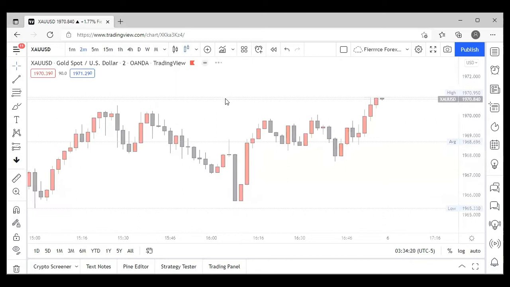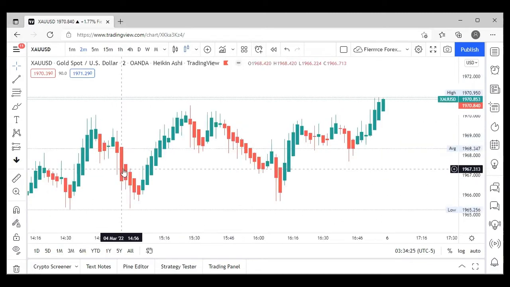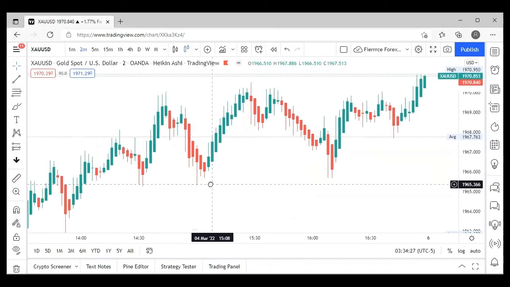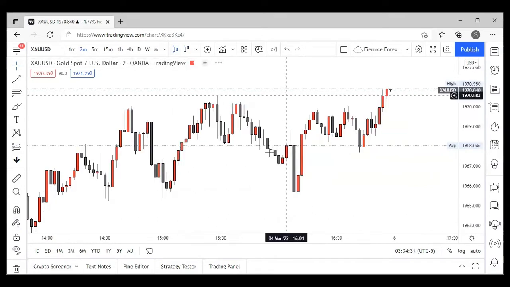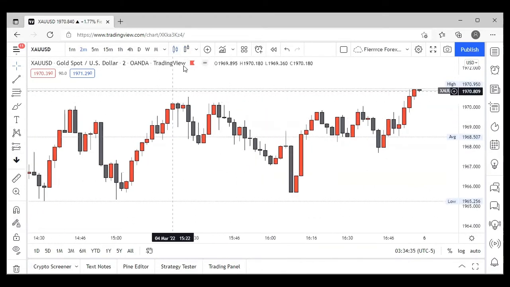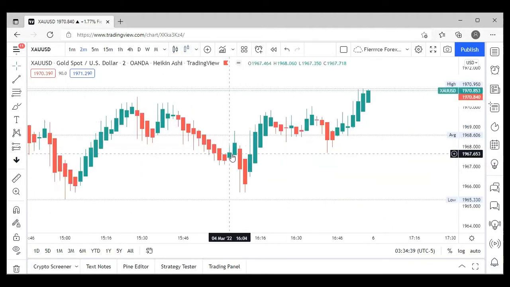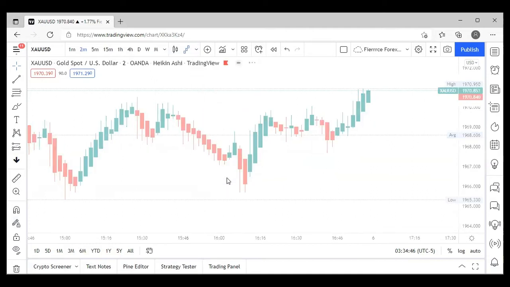Some people prefer to trade the Heikin-Ashi, and you can decide that's what you want to look at, no problem. I personally prefer the Japanese candlestick. That's what I learned from the very beginning, so that's what I trade. But feel free to explore any other chart type, whether it's a Heikin-Ashi or the Renko.